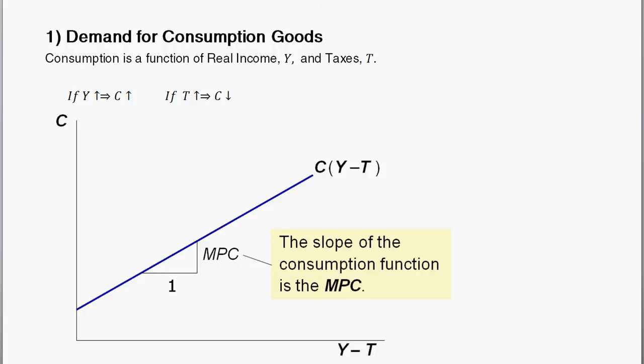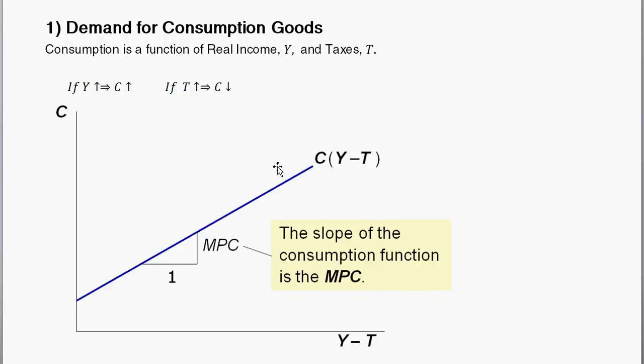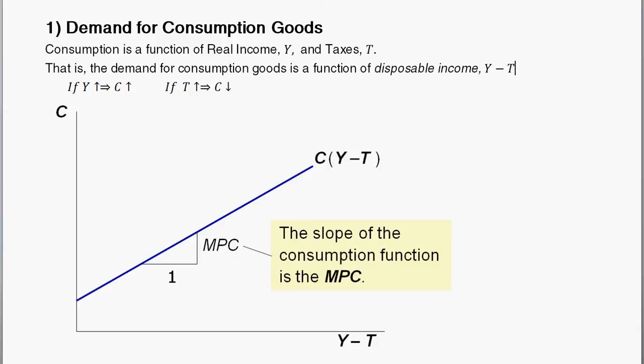So number one, let's talk about the demand for consumer goods. The demand for consumer goods is a function of income, Y, and taxes, T. In another sense, the demand for consumption is a function of disposable income, disposable income being the difference between how much you earn overall less the taxes that you pay.